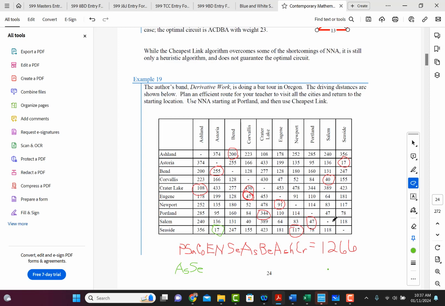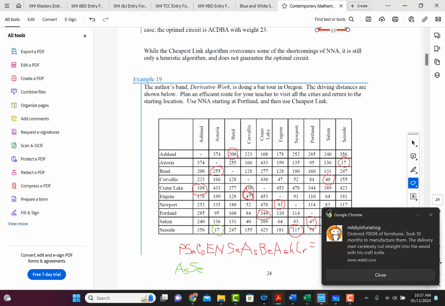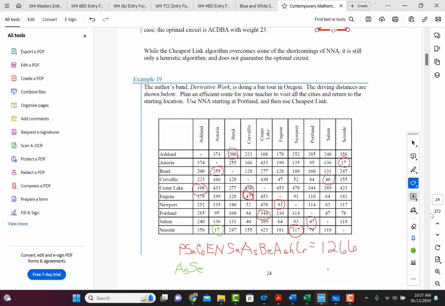So we got 47. Okay, 47. 40. So we've got 40. Anything less than 40? Anything in the 30s? I don't see anything in the 30s.